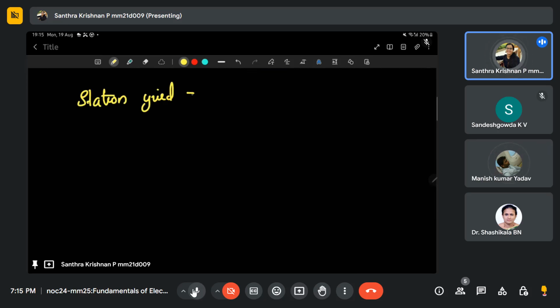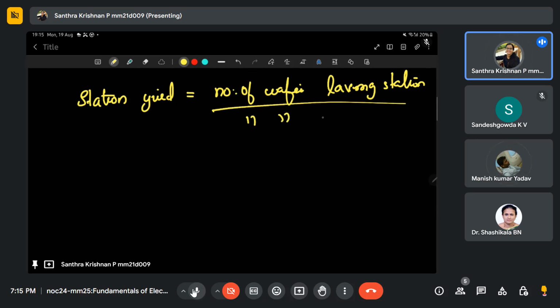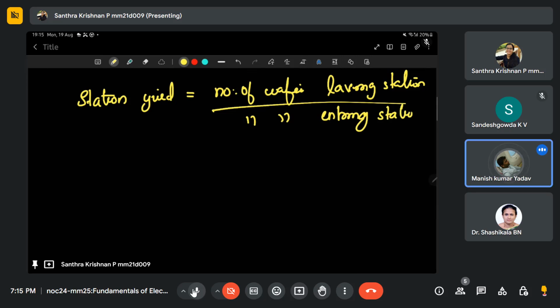Station yield basically gives the number of wafers leaving the station divided by the number of wafers entering the station. That is the difference. Number of wafers leaving the station by number of wafers entering the station. That is the station yield.